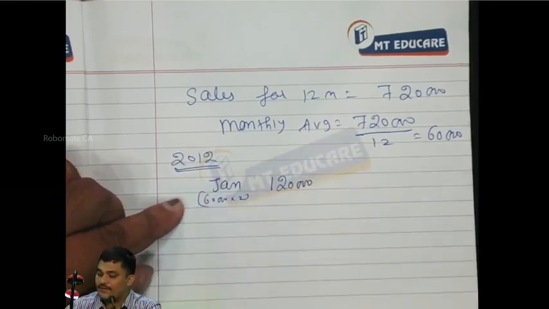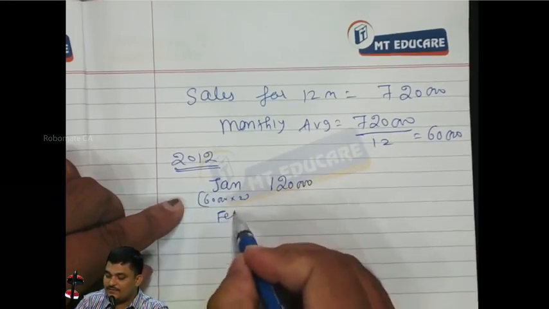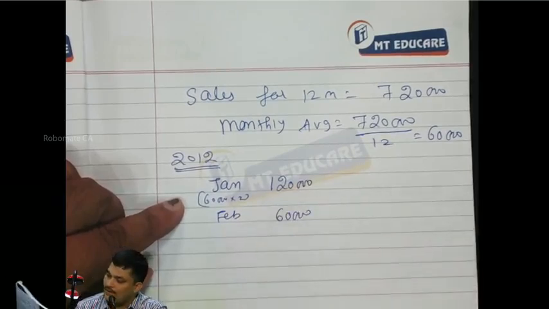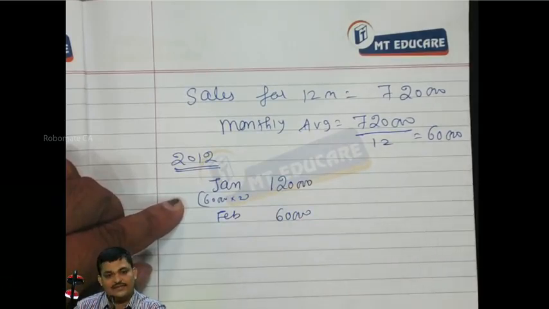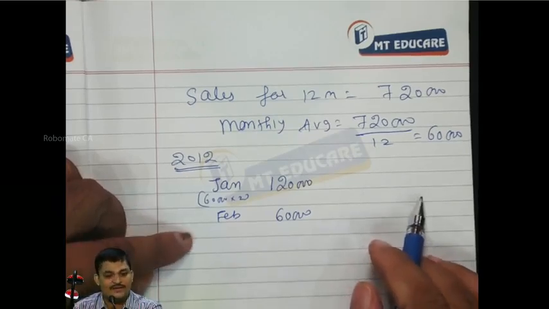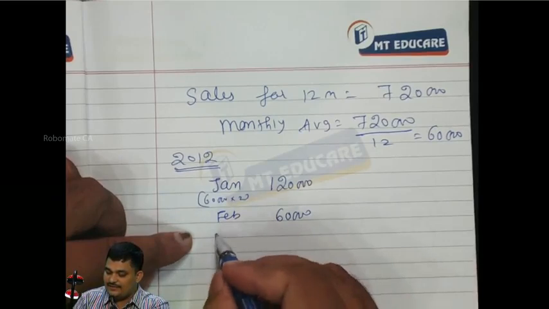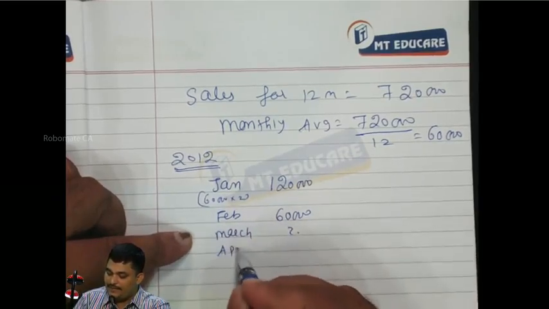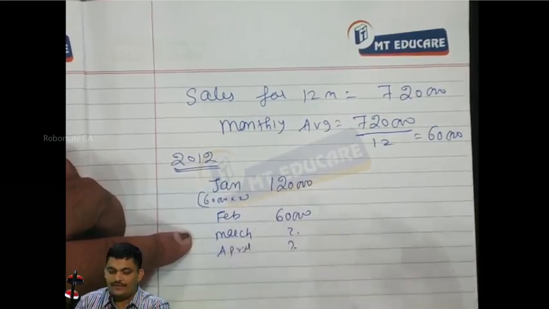Then February, then March, April not there. What is next given? We find that for March and April, no information is given.